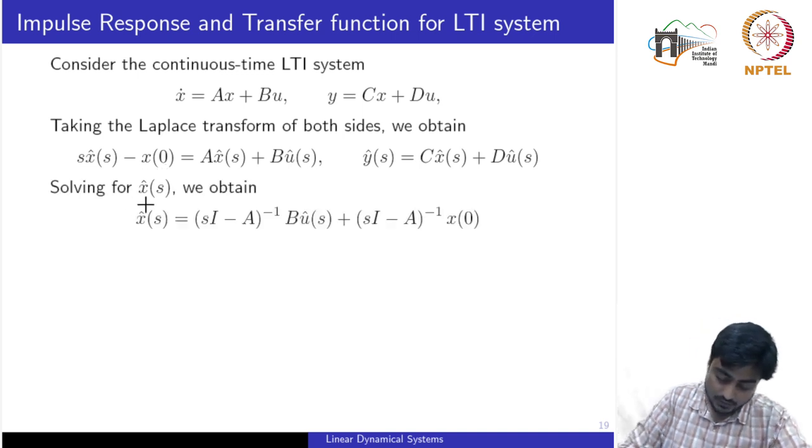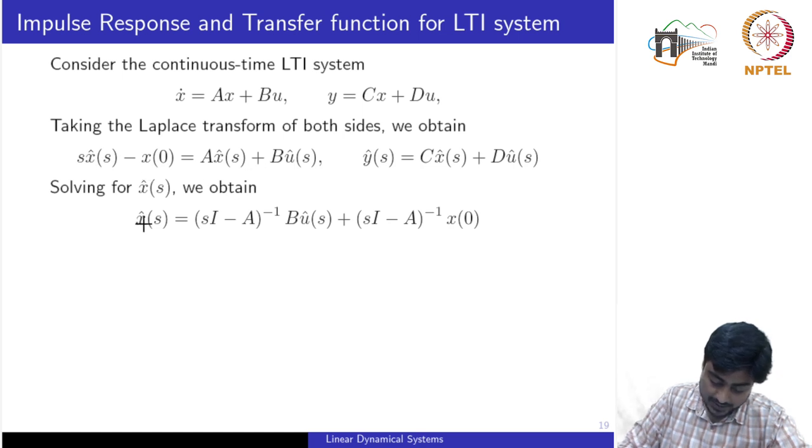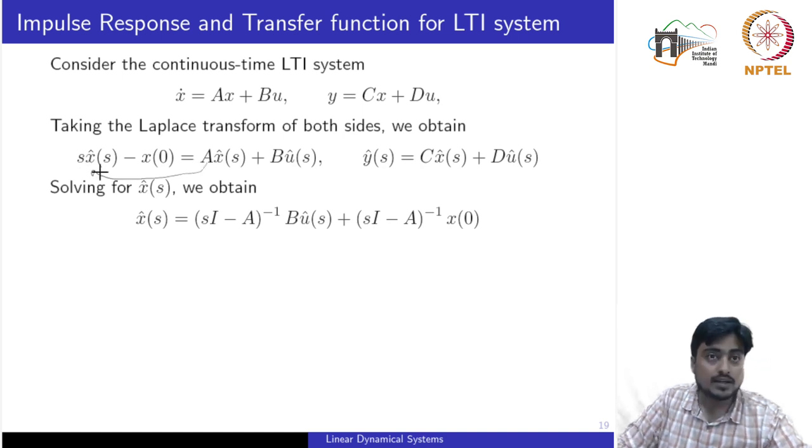Now if we solve for x hat of s from this equation, we have (sI minus A) inverse. If we take this A here, we obtain this (sI minus A) inverse B u hat plus (sI minus A) inverse into x naught.